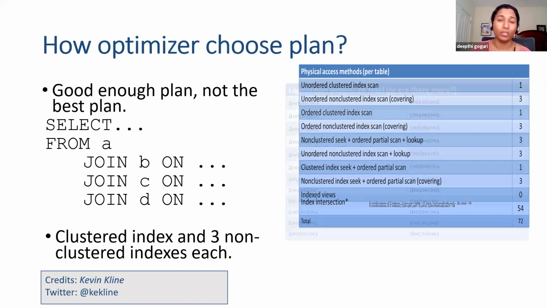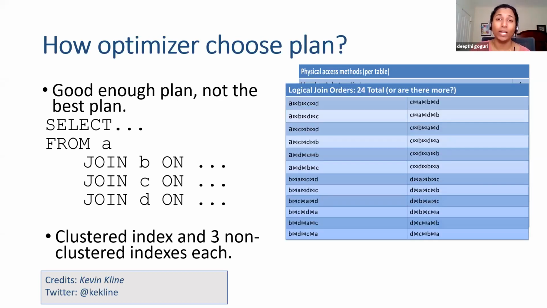On top of it, the optimizer has to analyze 24 different types of logical join orders. Now, what are these logical join orders? Here in our example, we have a 4-table join statement, right? Let's say the join between A to B is filtering out around 50% of the records from the result set, and the join between B to C is filtering out around 80%.